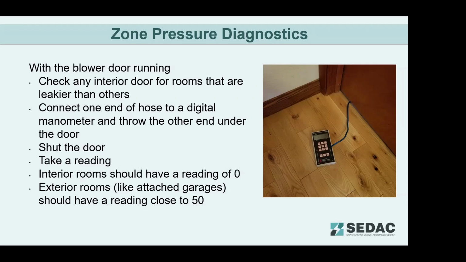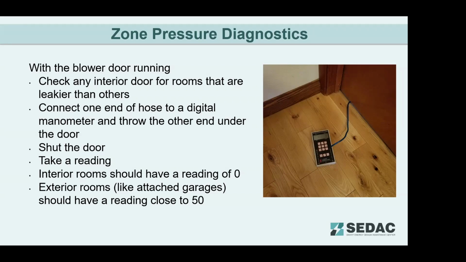Let's say you walk up to an interior door and close it to just about a quarter inch or half inch open. You're going to feel the air rushing from that room towards you, going to the blower door. The more air you feel coming through, the more leakage is in that particular room.